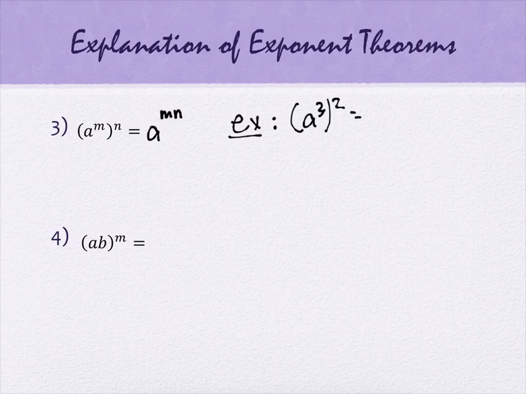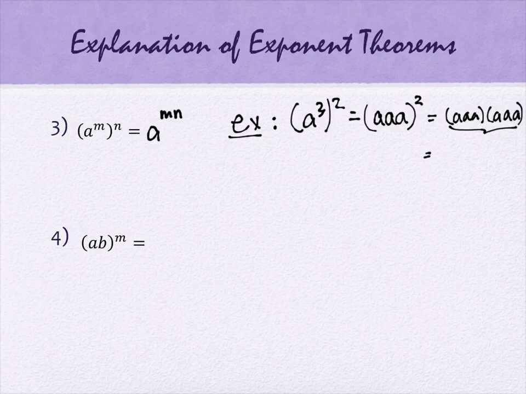So a to the 3 means I have a written down 3 times, and squared means that I have the aaa written down 2 times. So how many total a's did that give me? 6. So this is a to the power 6. And what do I have to do to get from 3 and 2 to 6? Multiply.